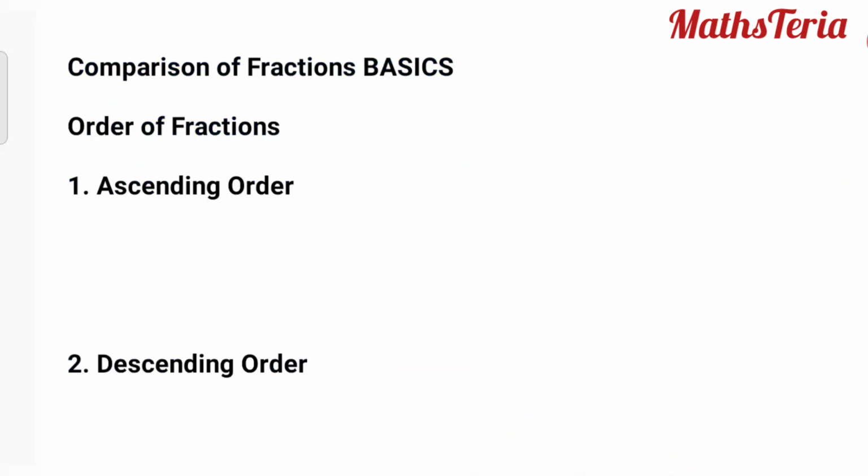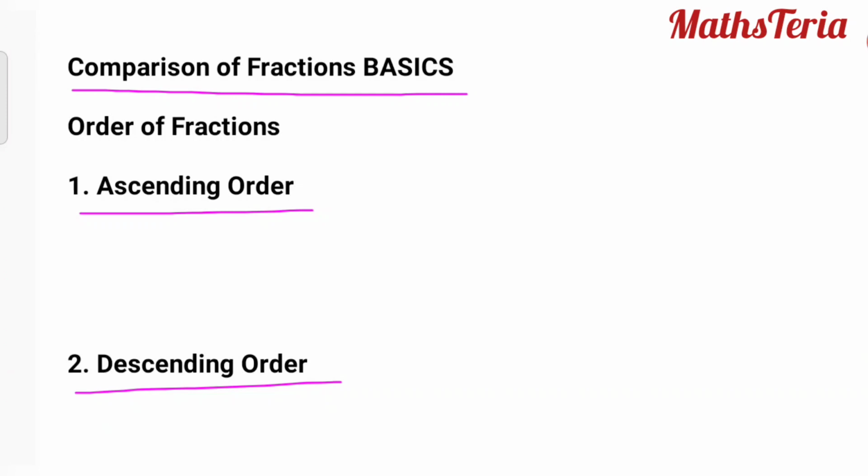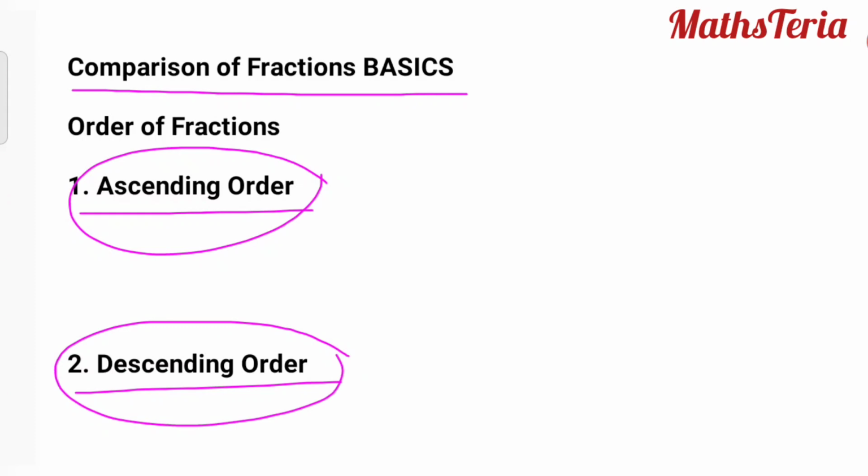Now, since the topic is comparison of fractions, we should also know ascending order and descending order. When given fractions are arranged in such an order in which fractions are in increasing order, then that order is ascending order, and when the given fractions are arranged in decreasing order, then that order is descending order.